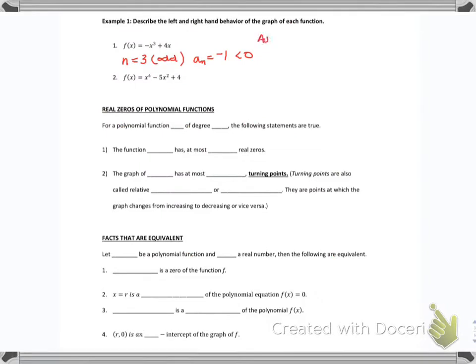You would say as x goes to positive infinity, f of x rises, or I'm sorry, it falls. It's the other way around. Falls. And as x goes to negative infinity, f of x rises.